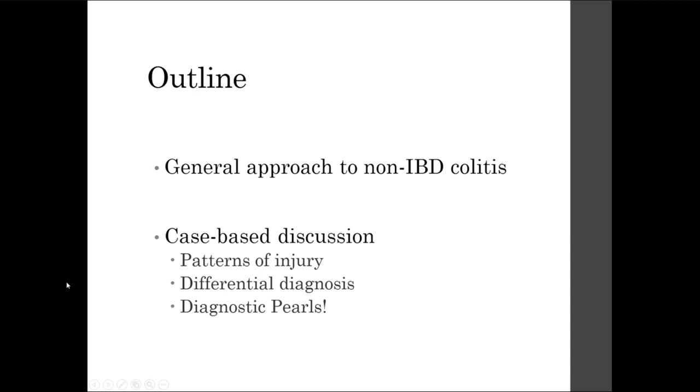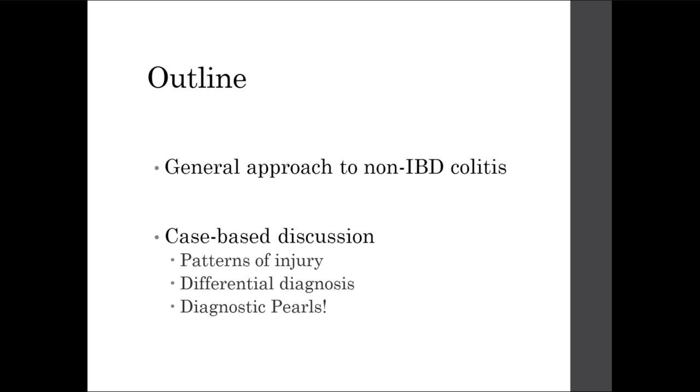We're going to talk about general features of approaching a biopsy that has colitis. Although we're going to focus on non-IBD colitis, the approach is also applicable to IBD cases because many times we don't know that the patient has IBD. Then we're going to use the cases to describe specific patterns of injury.